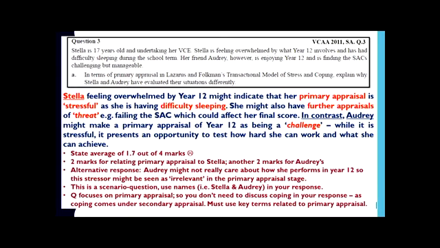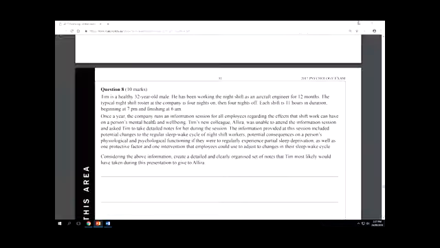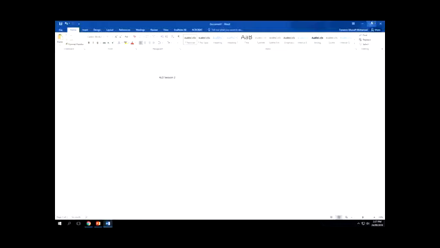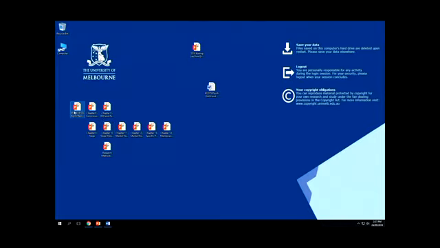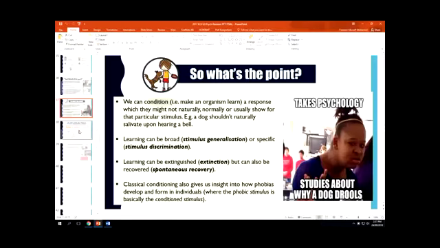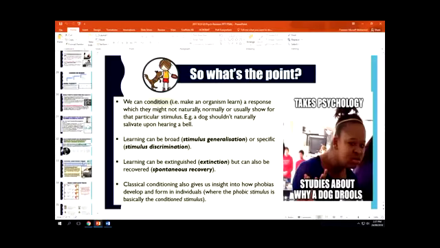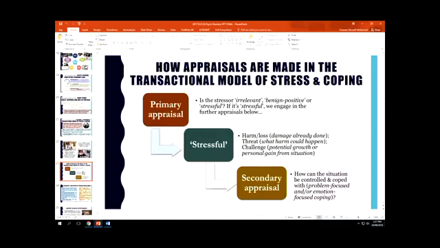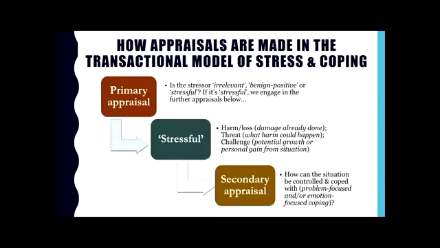So I think last time we did go through this flowchart, let's see if I can find it. There we go, okay. This flowchart generally helps you to understand it as a step-by-step concept. Basically, in primary appraisal, we ask ourselves, is the stressor irrelevant, is it benign-positive, or is it stressful?